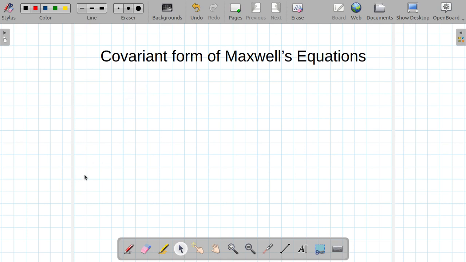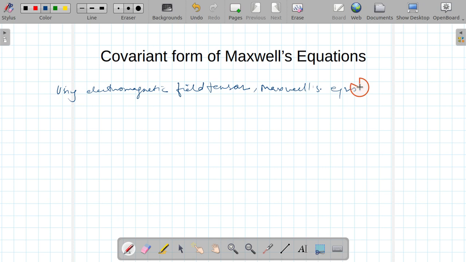So for that, let us proceed as follows. Using the electromagnetic field tensor, Maxwell's equations can be derived.